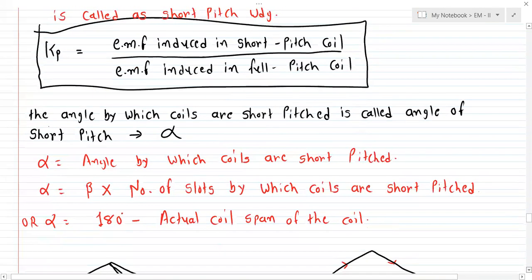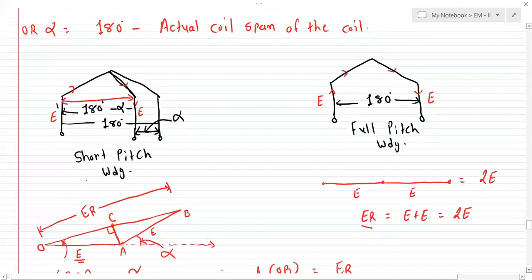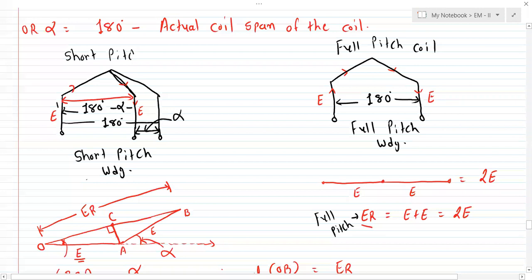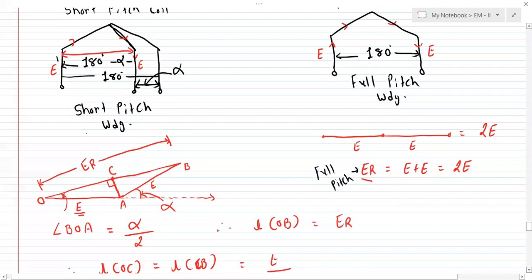So the EMF generated in the full pitch coil is ER equal to 2E.